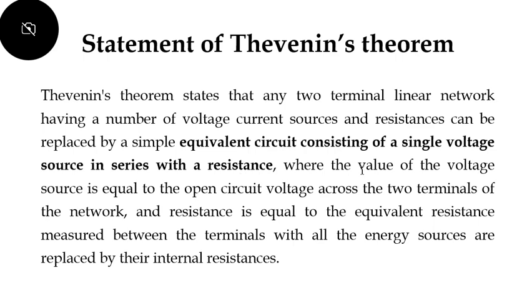The value of the voltage source is equal to the open circuit voltage across the two terminals of the network, and the resistance is equal to the equivalent resistance measured between the terminals with all the energy sources replaced by their internal resistances.